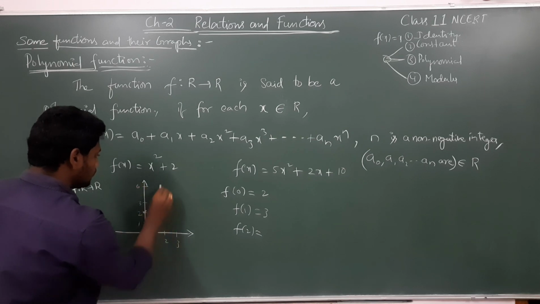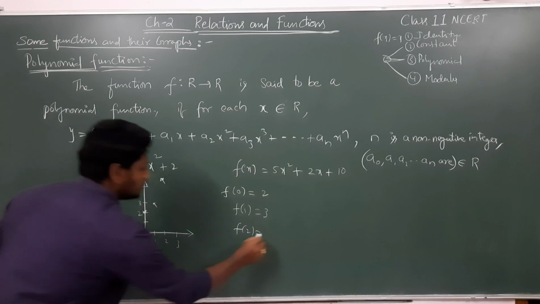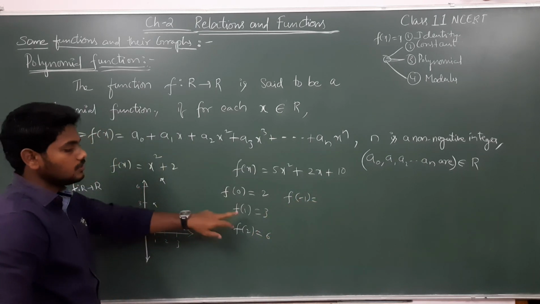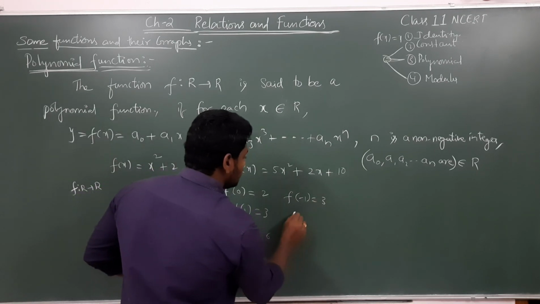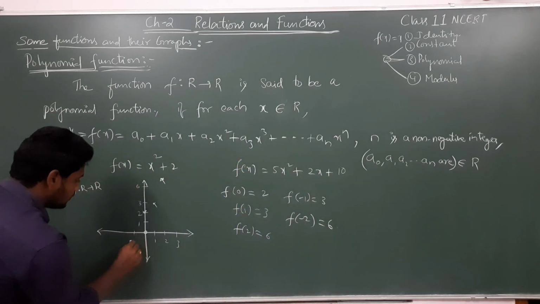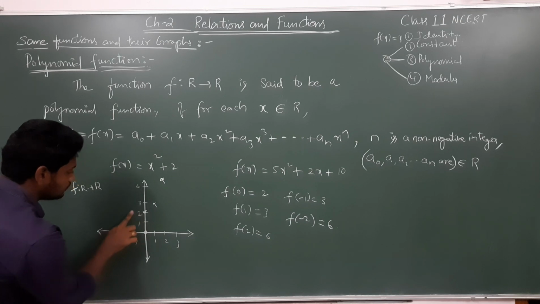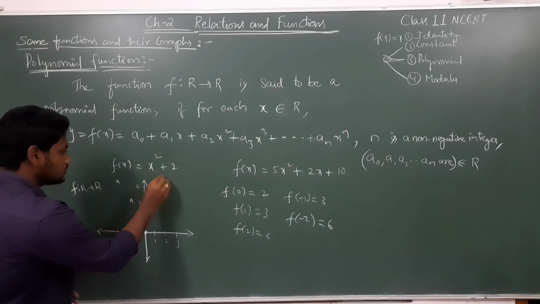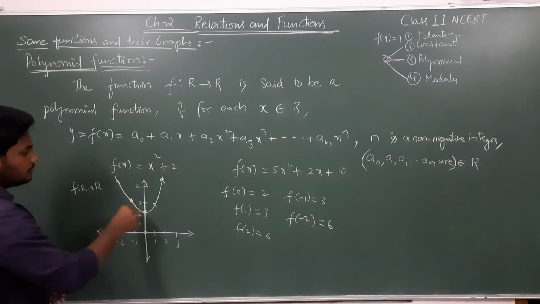Next, f of minus 1 is also equal to f of 1, because minus 1 whole square is 1, plus 2 is 3. Again f of minus 2 is also equal to 6. So for minus 1 it is 3, and for minus 2 it is 6. If you join these points, you will get a parabola shape.